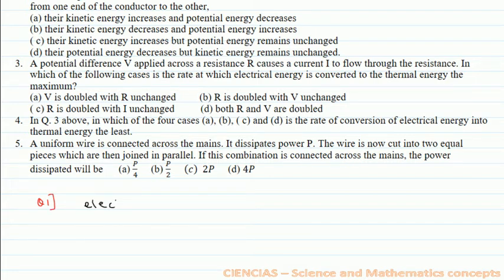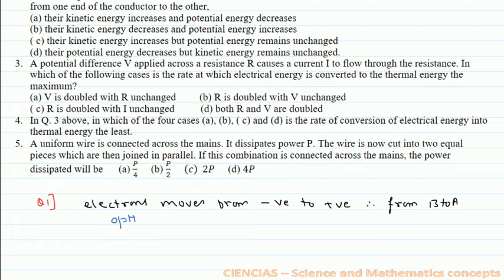electrons move from negative to positive terminal. Therefore, from B to A, for which option B is correct.